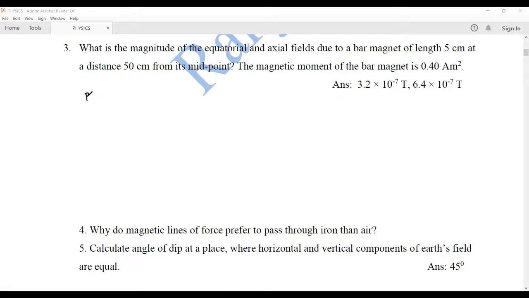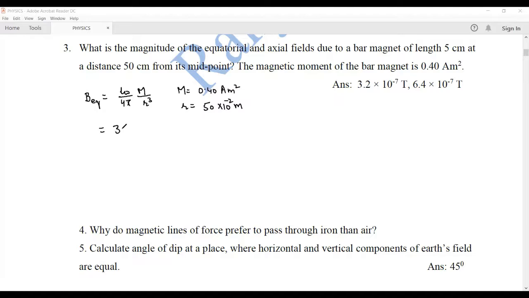And for a short dipole, we know that the magnetic field on the equatorial line is given by mu naught upon 4 pi, m upon r cube. Here m is given as the dipole moment 0.40 ampere meter square, whereas the distance from the midpoint r is given as 50 centimeter, which is equal to 50 into 10 raised to the power minus 2 meter.